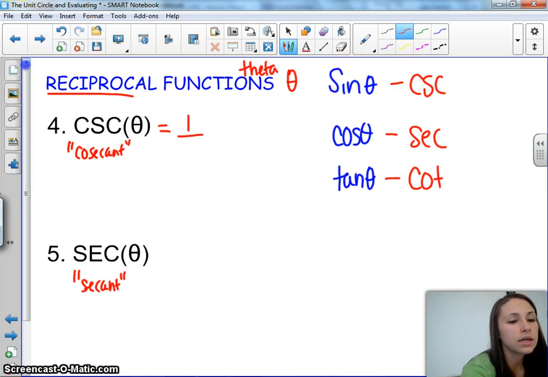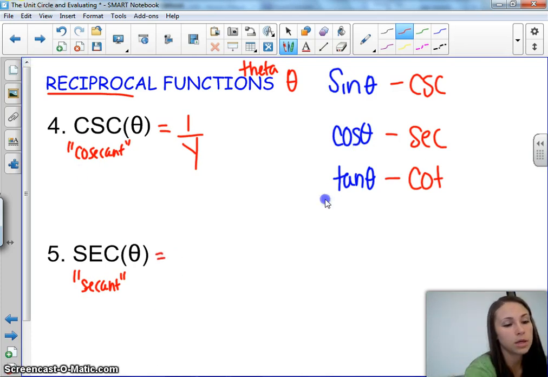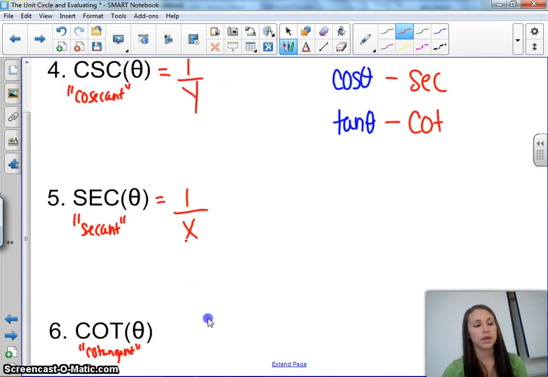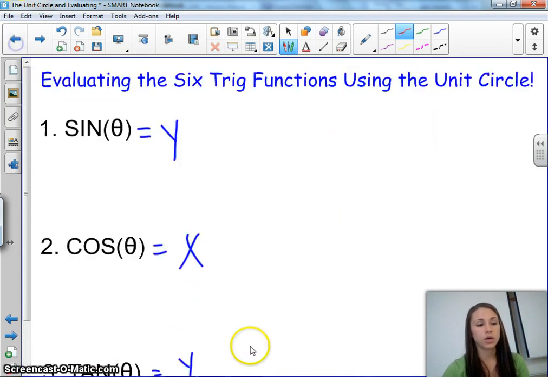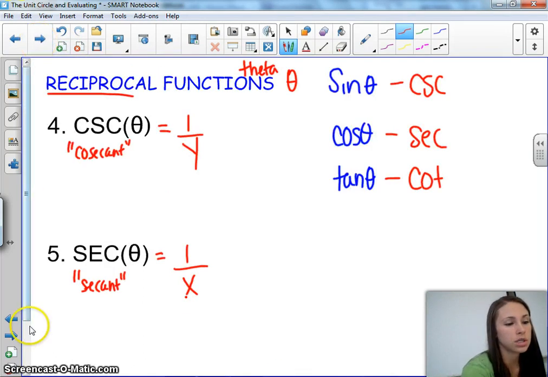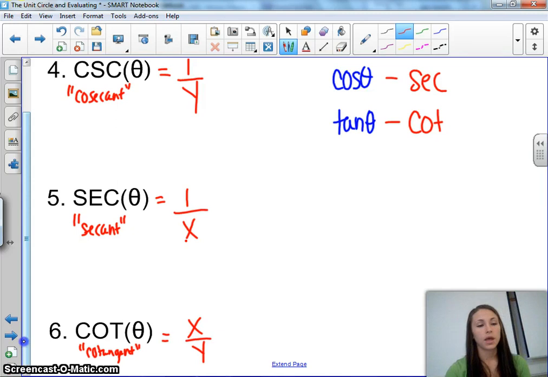So cosecant is just 1 over y, and that's the rule for cosecant. Secant goes with cosine, so instead of it just being x, it's going to be 1 over x, because cosine goes with x. And then cotangent, tangent was y over x. So cotangent is just going to be x over y. And those are our rules.